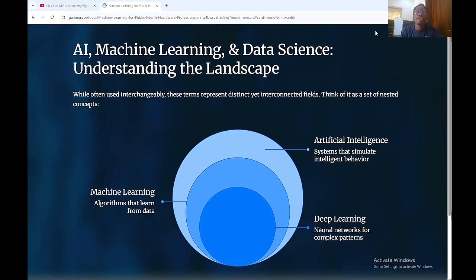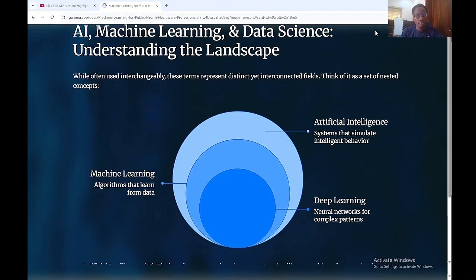Machine learning is those algorithms that use learning to do what it wants to do on its own. Deep learning is those neural networks that help in identifying complex patterns. So deep learning is a subset of what? Machine learning, which is a subset of what?